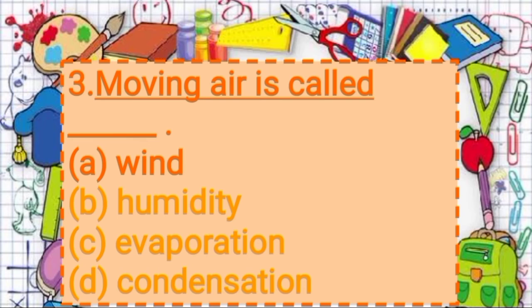Now next question. Moving air is called dash. First option, wind.